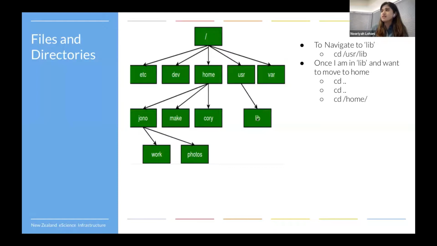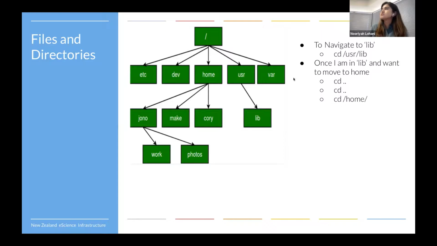Once you're in this directory, how would you find your way to the directory called home? I would change directory, and this double full stop basically means it will move one step up in your directory tree. So if I say cd .., that's going to take me back to user.